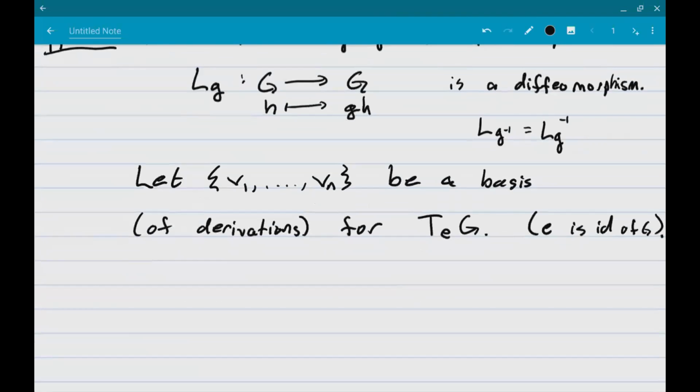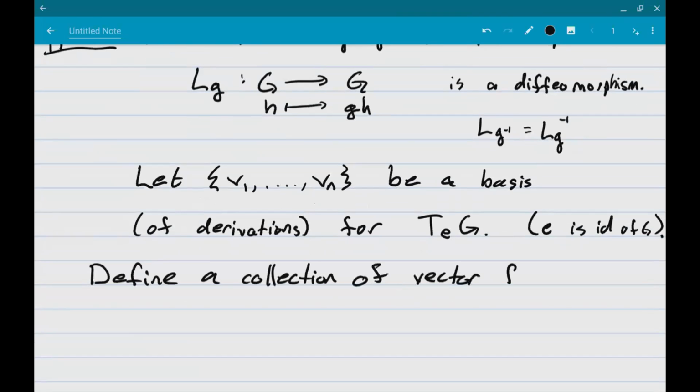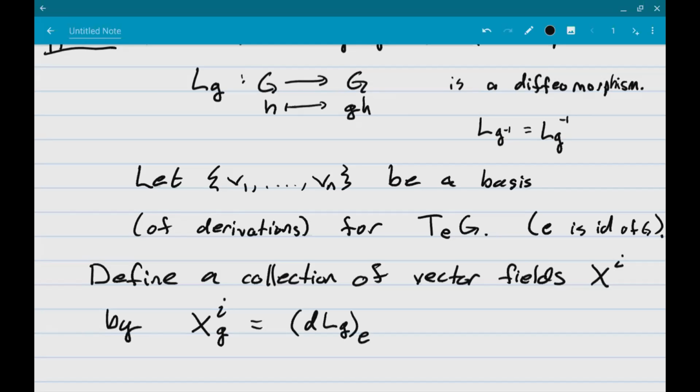So we're going to define a collection of vector fields X_i by X_i at the point g is this thing. So what is this thing?